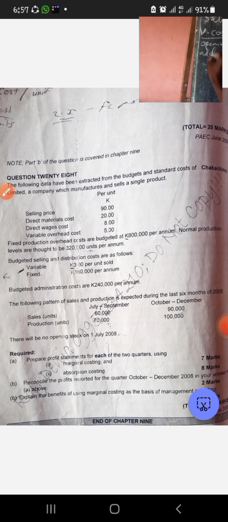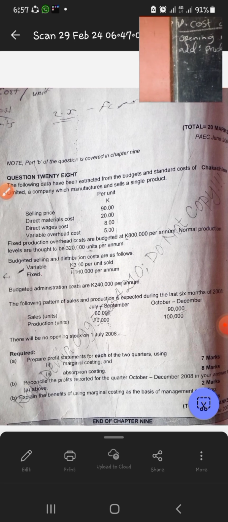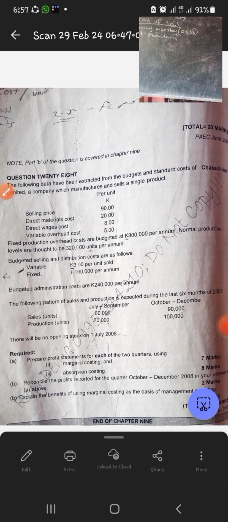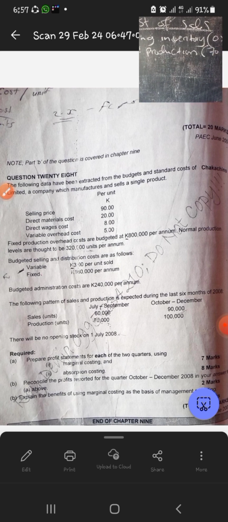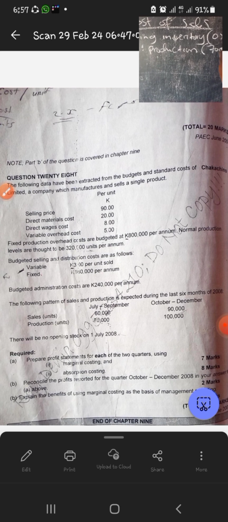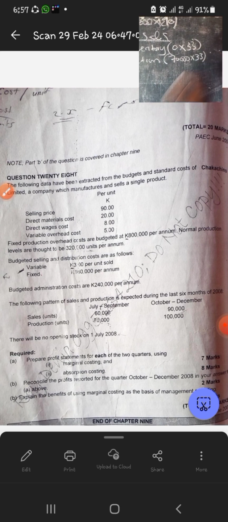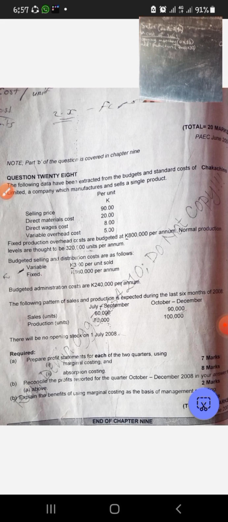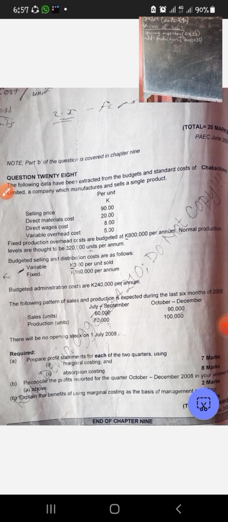Then we add the production. The production units were 70,000. This 70,000 has to be multiplied by 33 as well, because what we are doing is variable costing, only charging the variable component to the cost of sales.